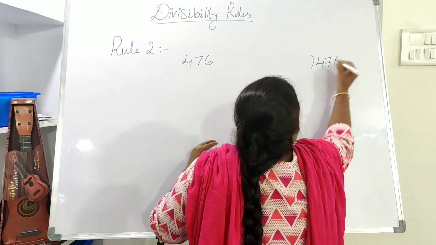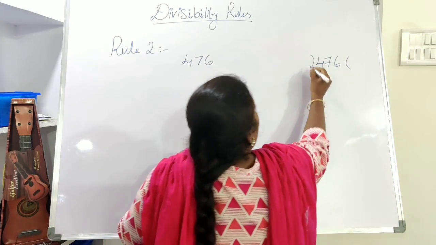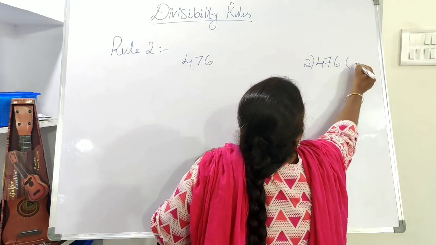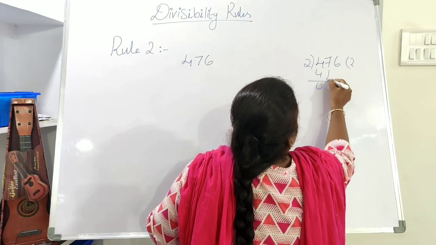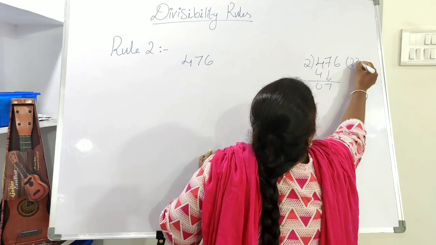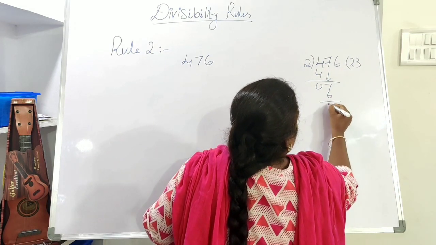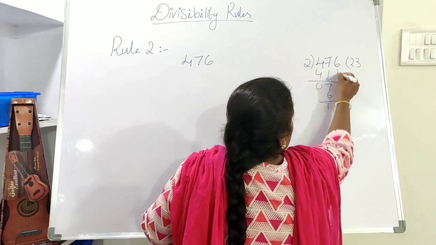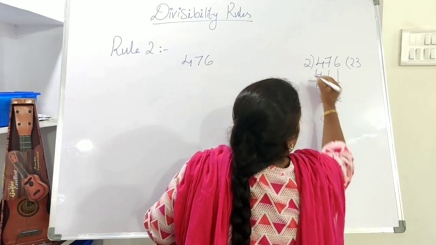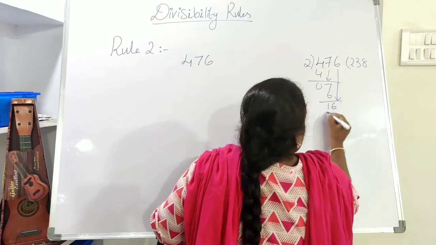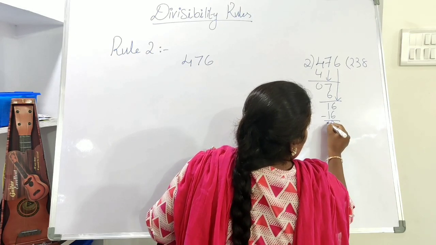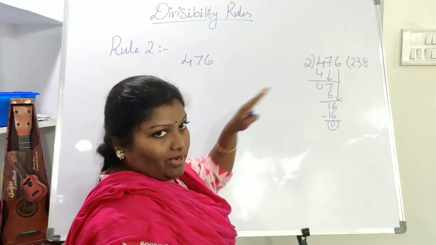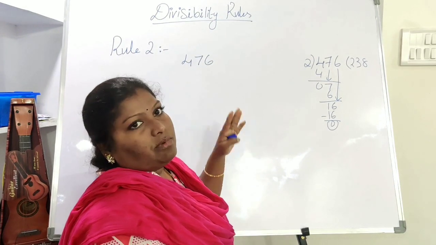So you have to take the number and divide by 2. 2 2's are 4, 0, take 7 down. 2 3's are 6, so 1 is the leftover, take 6 down. 2 8's are 16. So when I subtract, I get the remainder 0. 476 is divisible by 2.